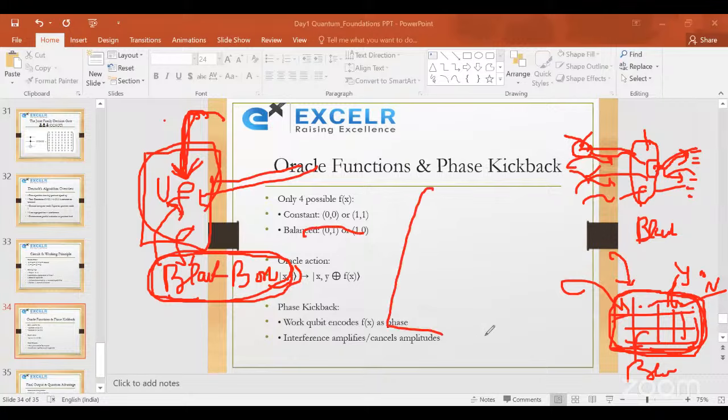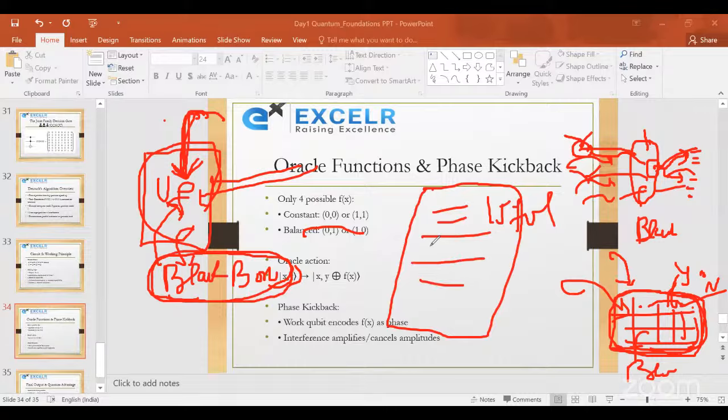Suppose there is a mall with 15 floors. On the sixth floor, there is a Reliance showroom at the left side.